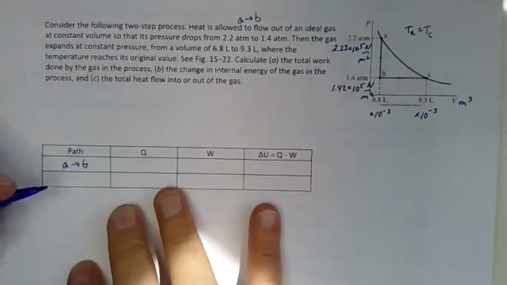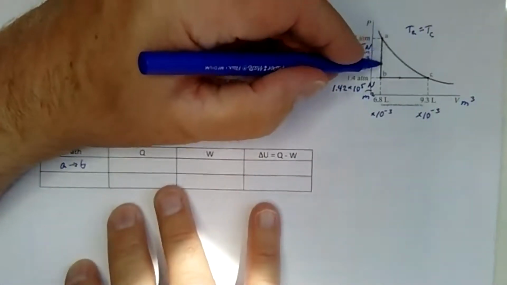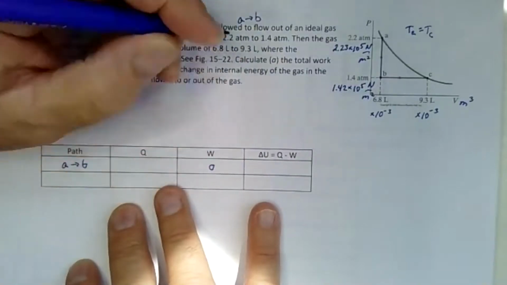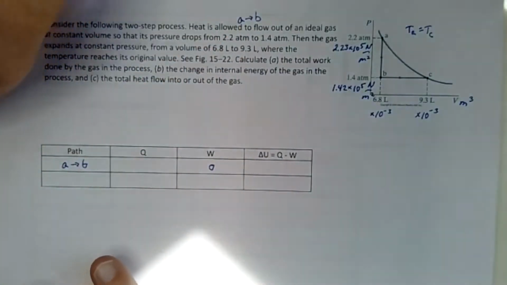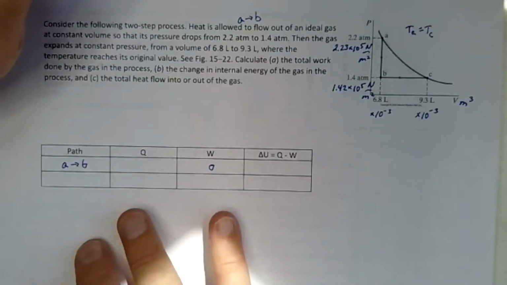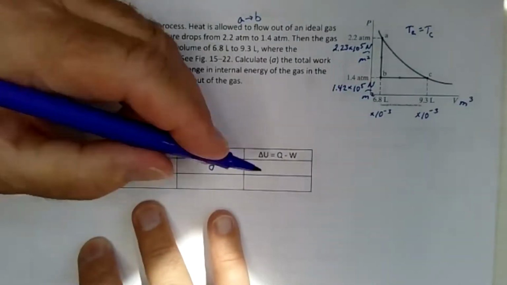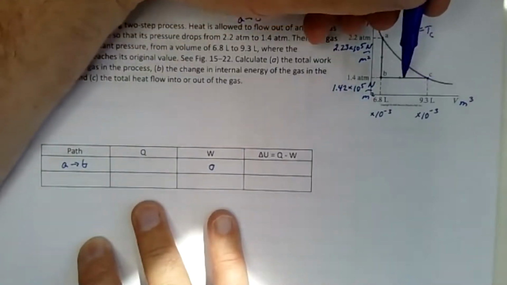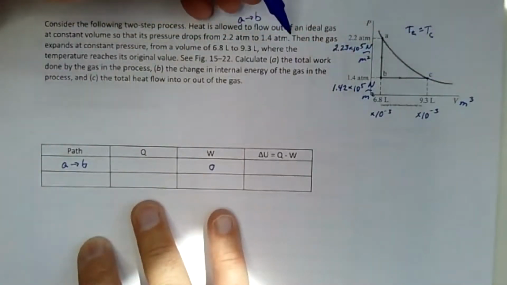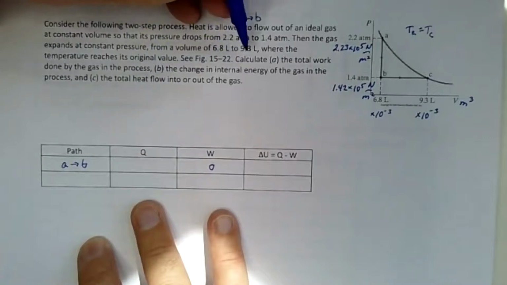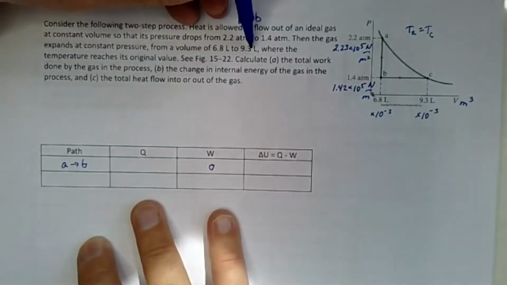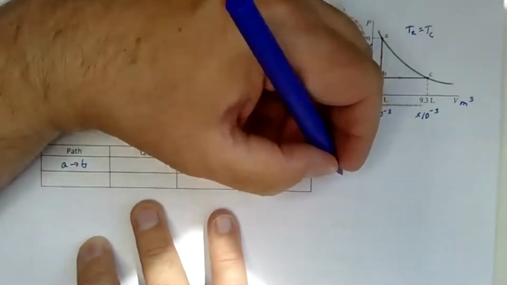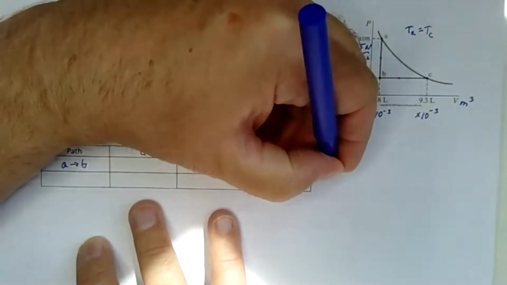Okay, so for the path A to B, that's happening at constant volume. So I know the work done has to be equal to 0. That's implied. I don't know the other two, but I do know that when we're going from B to C, the gas expands at constant pressure from 6.8 to 9.3, and then our temperature gets back to the original value. So there's a whole bunch of information there.